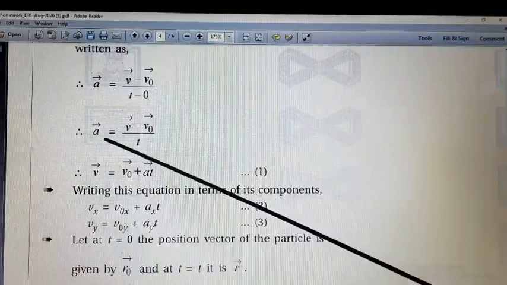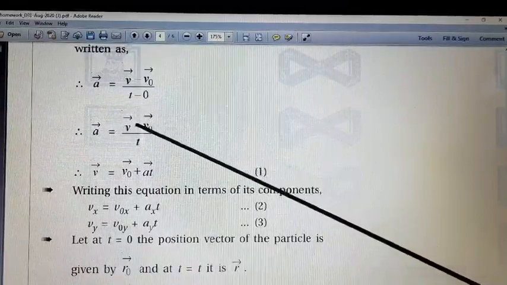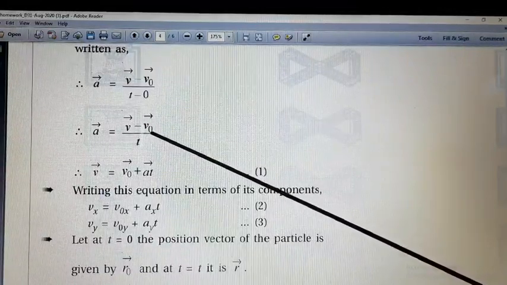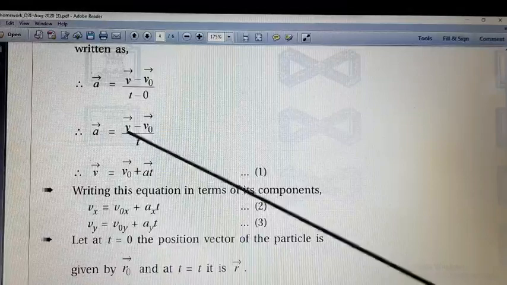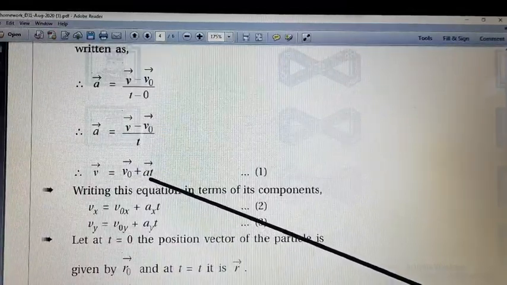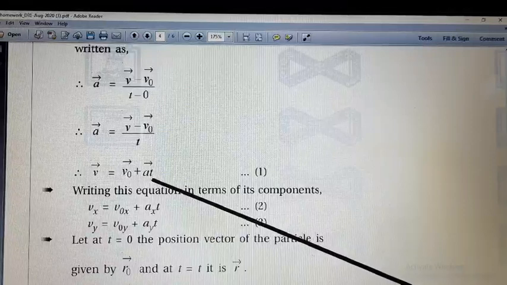This t moves to the left hand side, and this minus v0 moves to the left hand side, so it converts to plus. So we can write vector v is equal to vector v0 plus vector at.